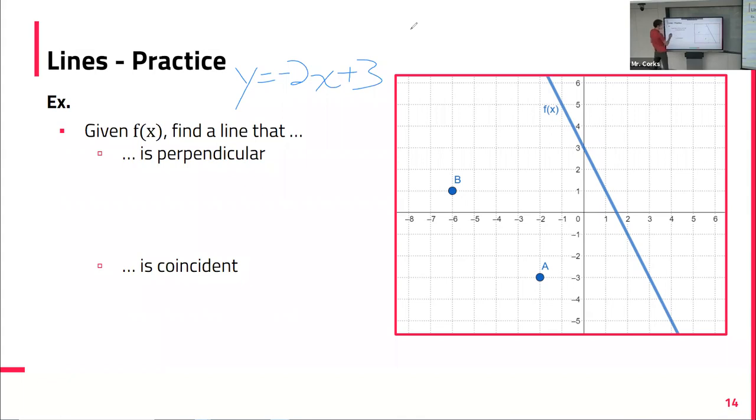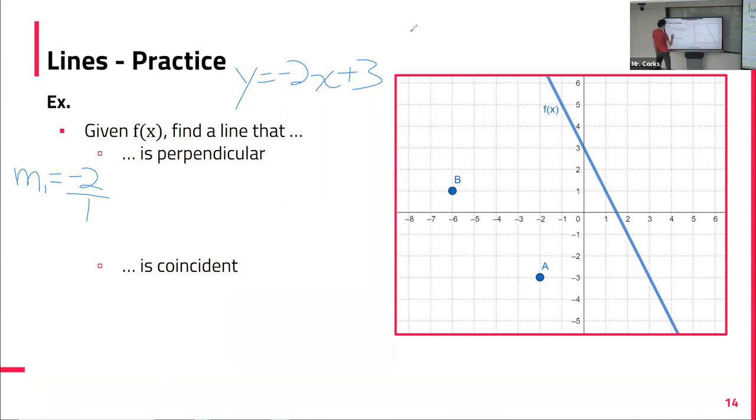Yes, so let's see what this would look like. I'll give a little more detail than that. So our original slope here is -2. Another way of writing this is -2 over 1. It doesn't change anything mathematically.